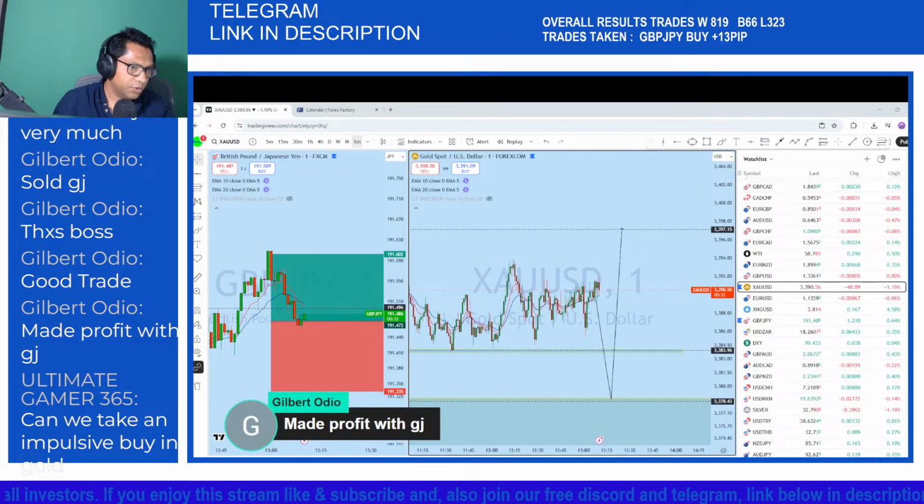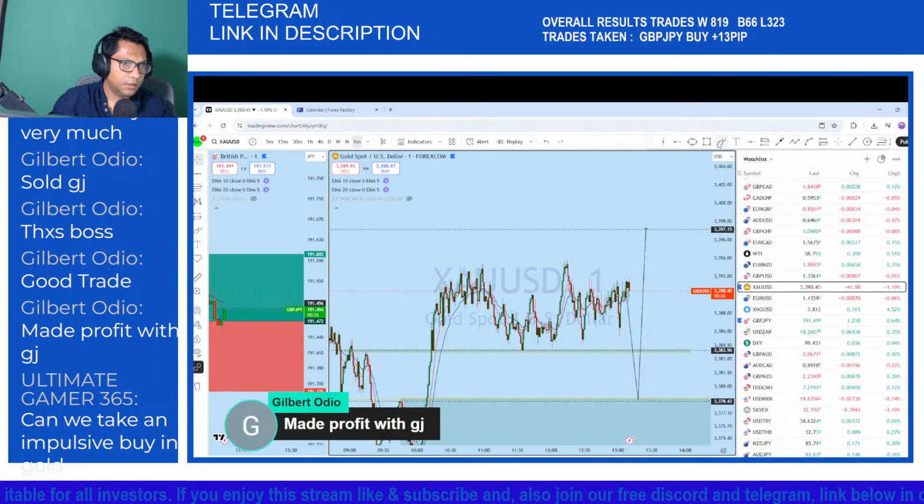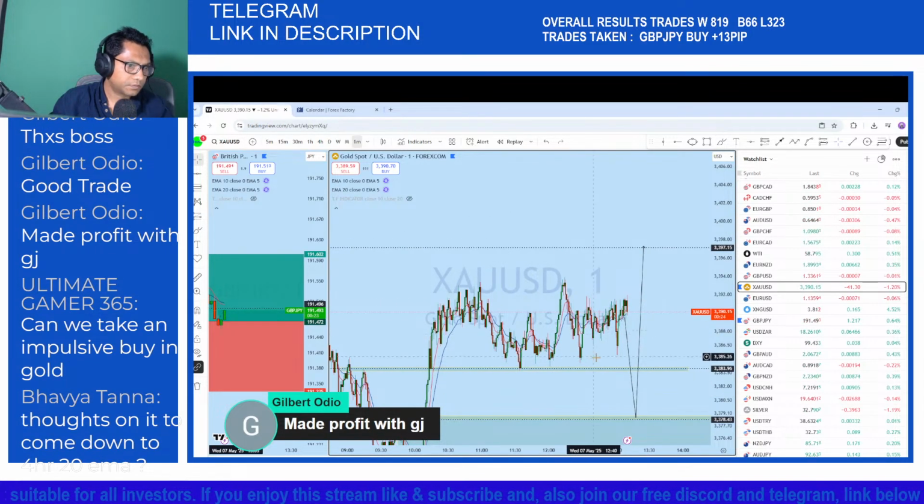$3378 is an important support. This is FVG.